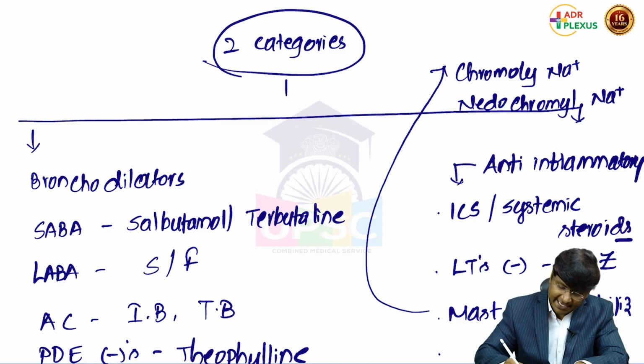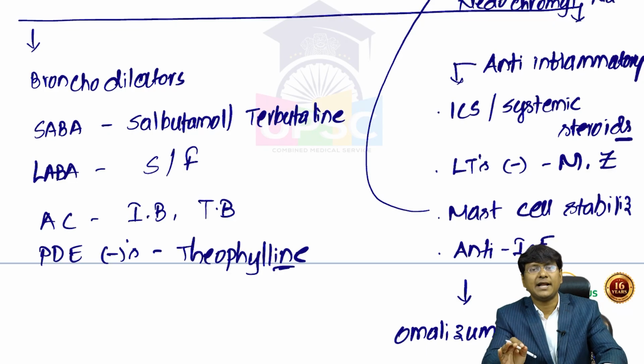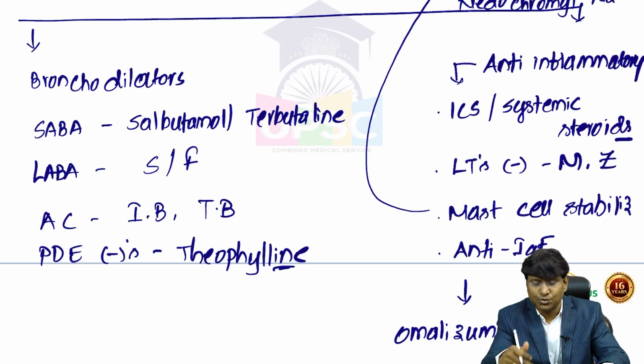Then we have another important example, that is anti-IgE. The example of anti-IgE is omalizumab. This is the drug given in individuals who have chronic refractoriness to other forms of therapy.